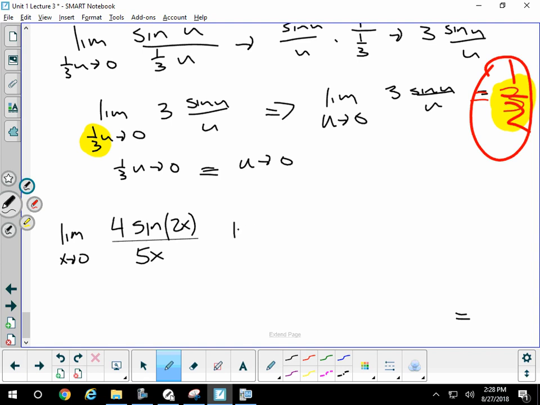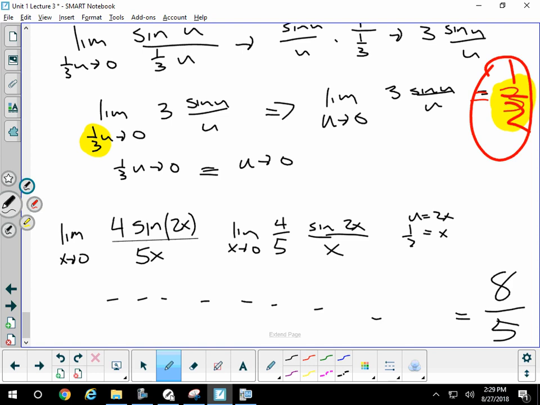I could write this as 4/5 times sine 2x over x, right? And then I could go through the whole u substitution process and get the answer 8/5. So 8/5 is correct.